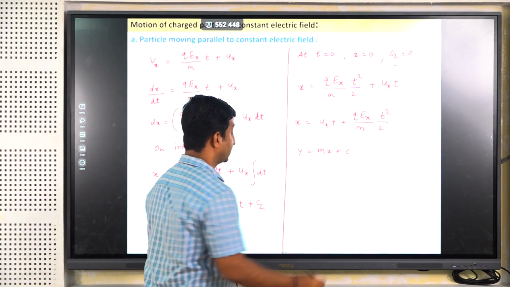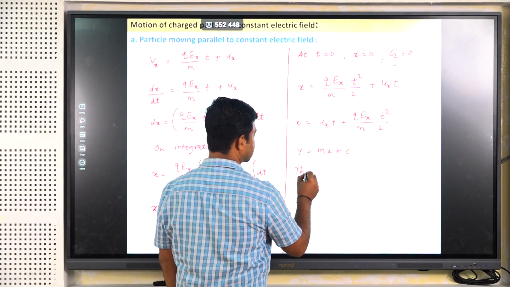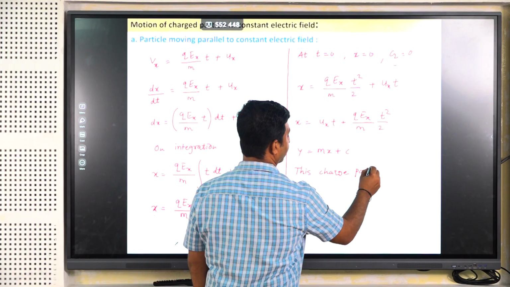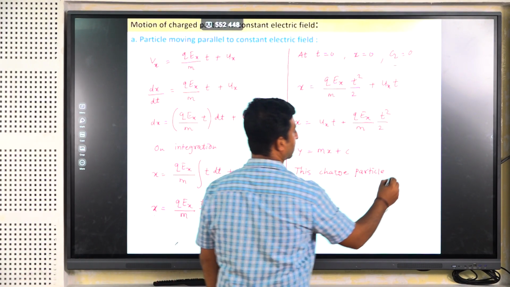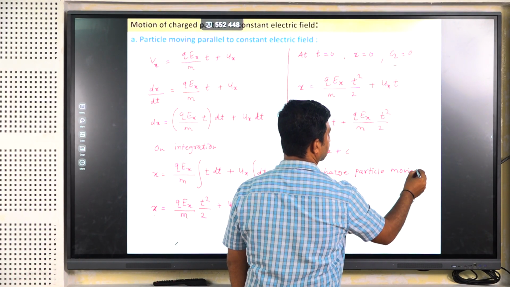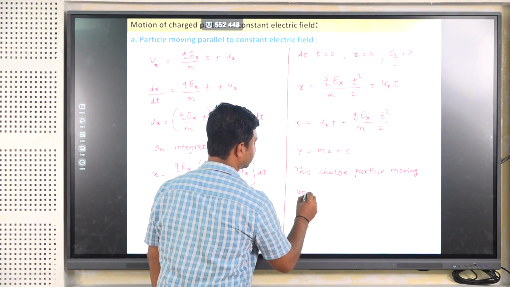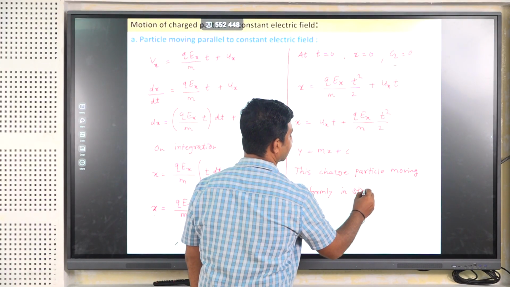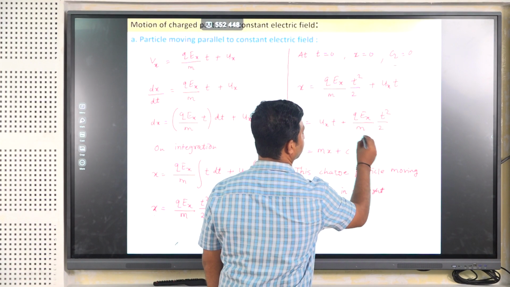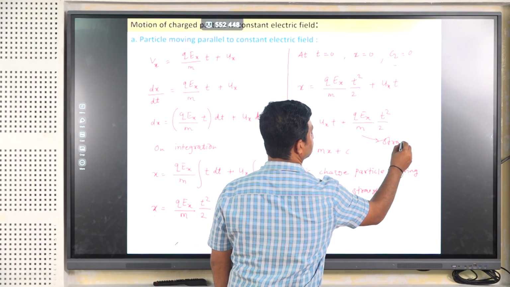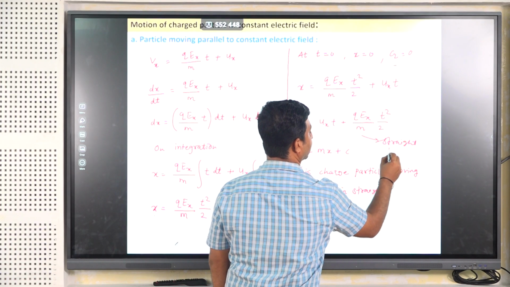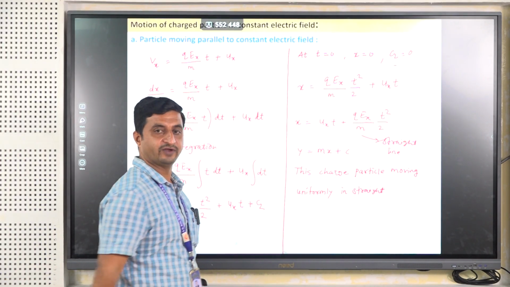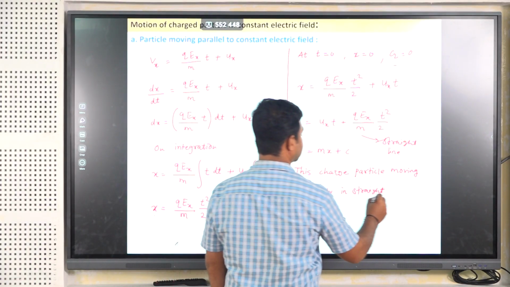So we can write that this charged particle is moving uniformly in a straight line, because this is the equation of a straight line. Therefore we can say that the trajectory of the charged particle in the constant electric field which is parallel to the charged particle is a straight line.